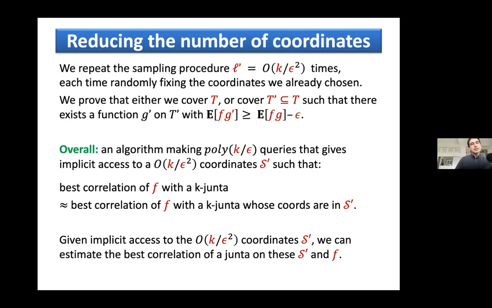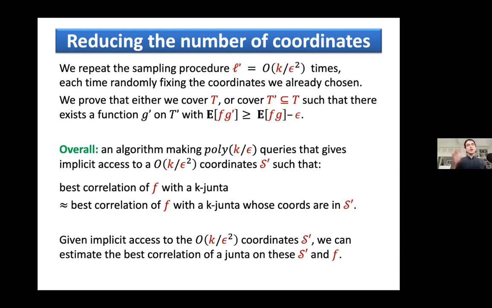Okay, so notice that this is not exactly what we were setting out to achieve, because we are here assuming that there exists some good junta on K variables, and we are getting a set of order K coordinates for which we have a good junta. So there's a mismatch between how many coordinates we are looking at, right?